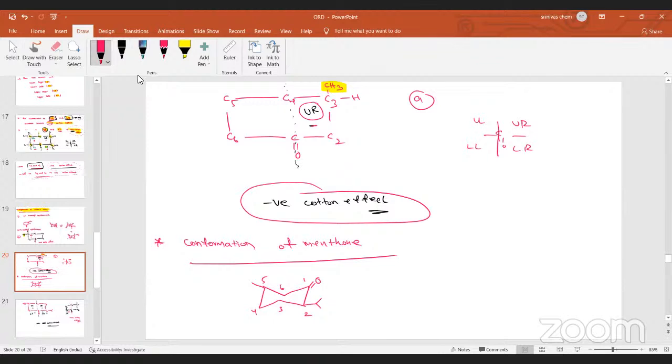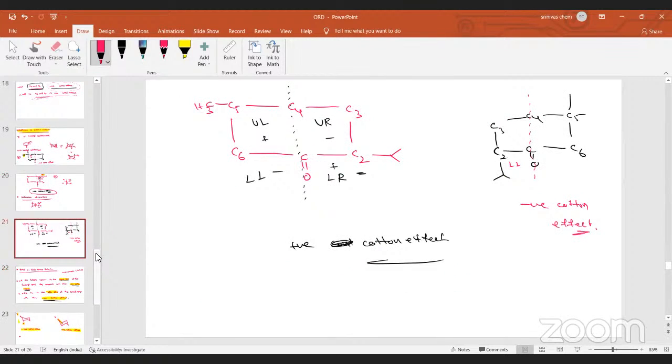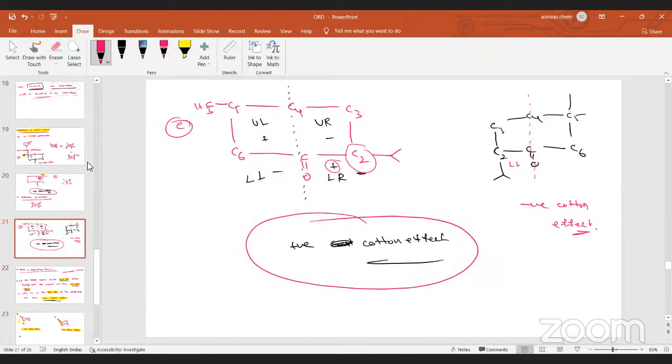Next example, conformation of menthone. The methyl is also in the equatorial position, so upper left positive, upper right negative. The isopropyl group is present at C2, so it is lower right. Lower right shows a positive Cotton effect at the equatorial position. In the axial position, it is lower left and shows a negative Cotton effect.